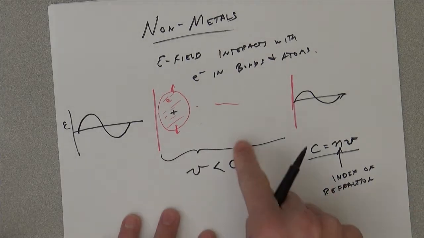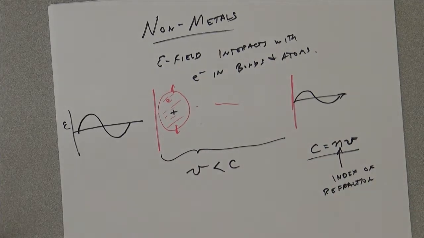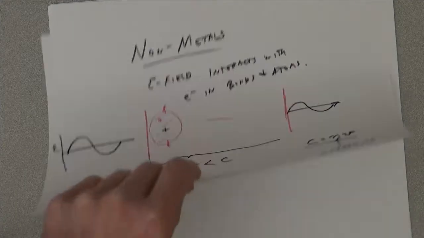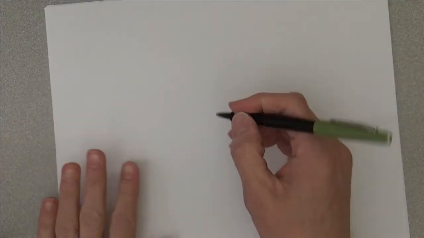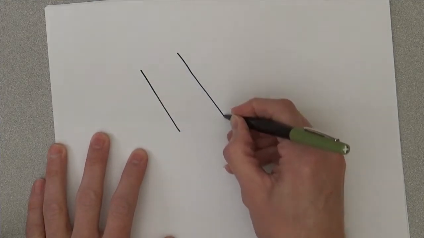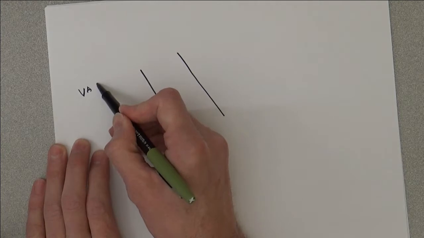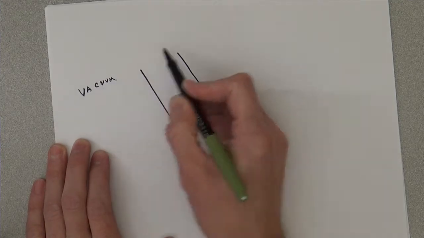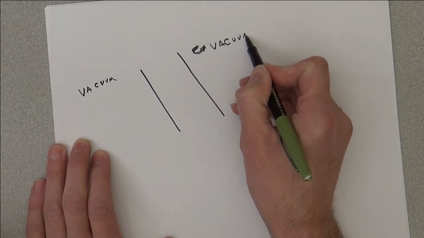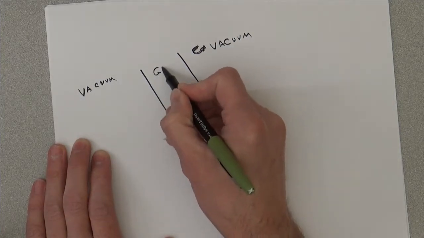And vary from material to material. This change in velocity also will correspond to light being refracted. If you imagine us having, say, vacuum, and here, say, glass.